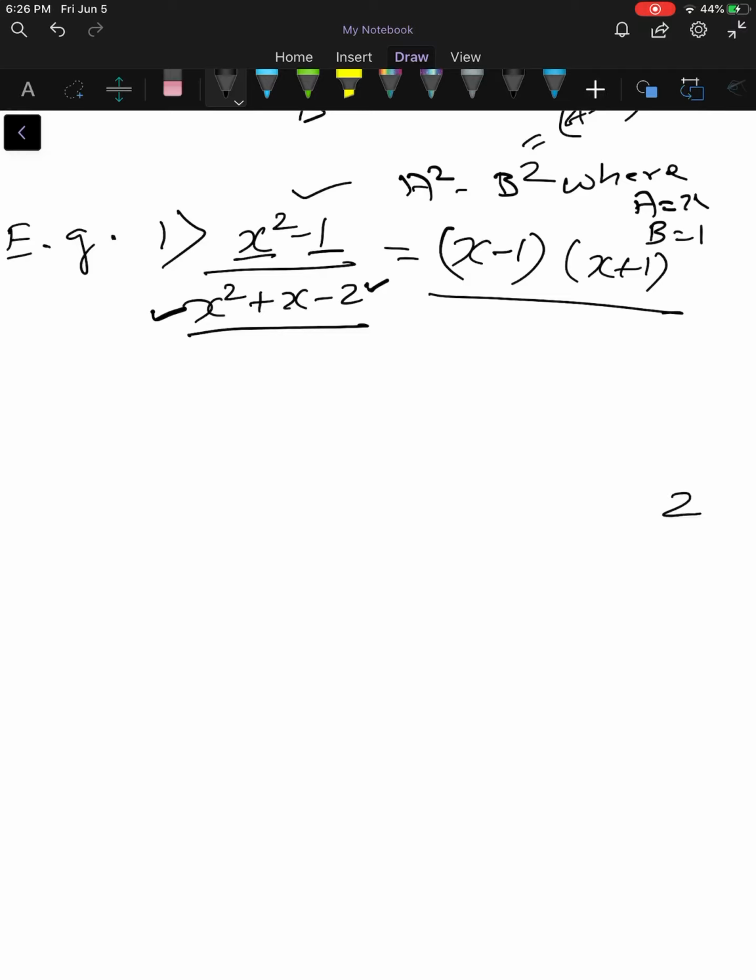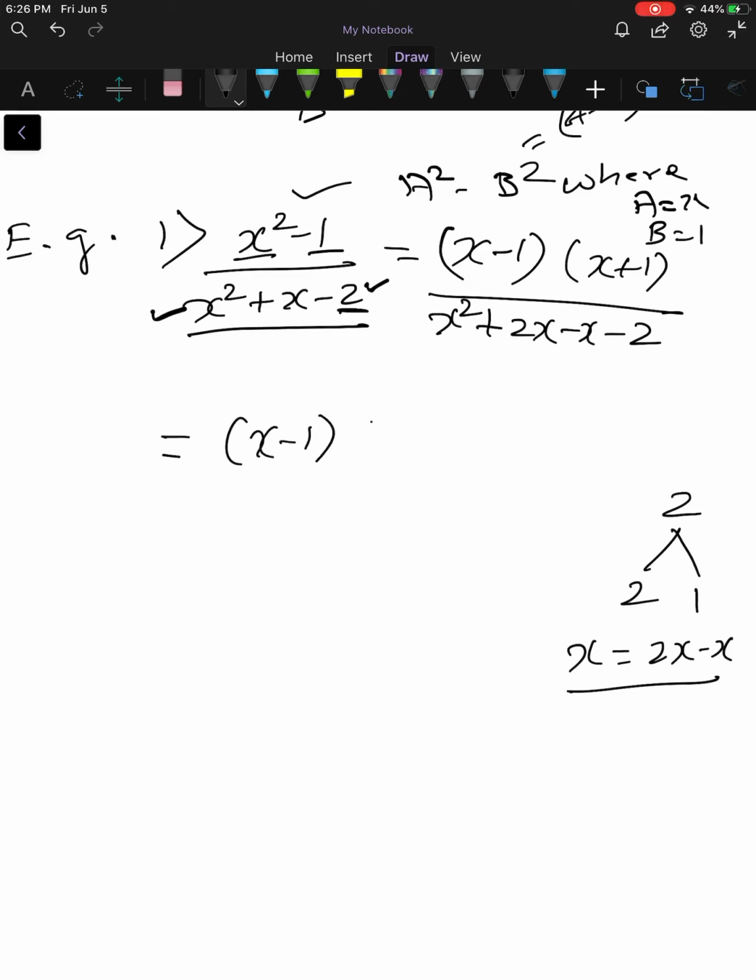So consider the last term, 2, and factor it out. As 2 is a prime number, you just have 2 and 1 as factors. So you can express x as 2x minus x. Split the middle term in this manner. You will get this expression to be x squared plus 2x minus x minus 2.